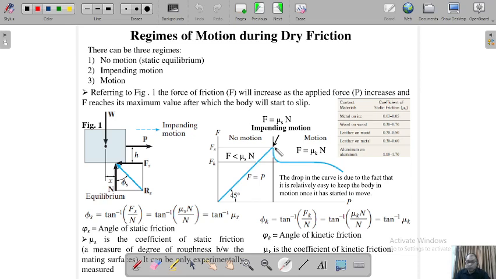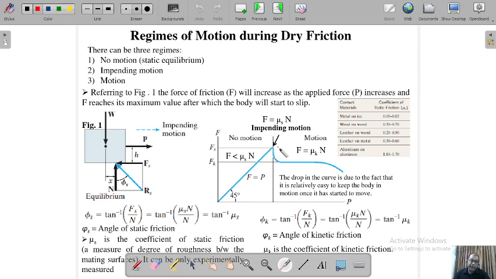So you have reached this maximum point. Again, this tells you that once the body reaches this point, this is called the impending motion point. If we are before this point, there will be no motion. Once it reaches this point, this is the maximum frictional force, the static friction force that the object can uphold.